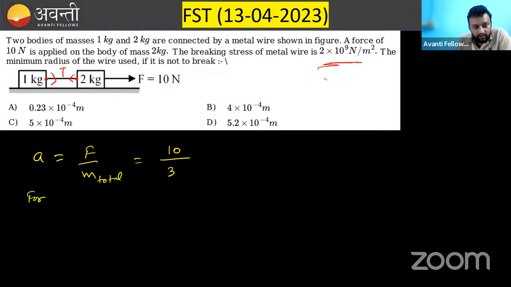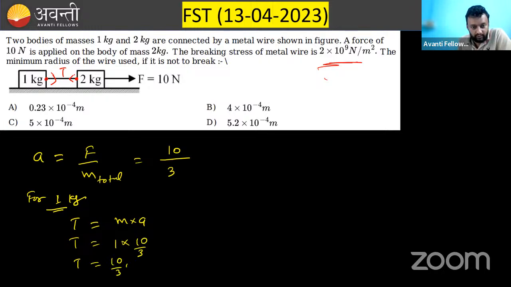For the 1 kg block, if I write, which force is providing the acceleration? Tension. That means tension should be equal to mass into acceleration. That means T should be equal to mass, 1, times acceleration, 10 by 3. So tension is equal to 10 by 3 Newton.